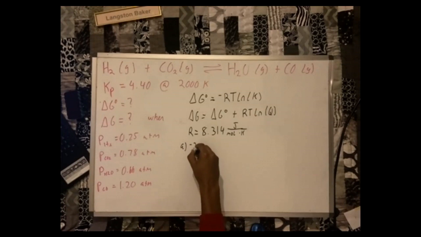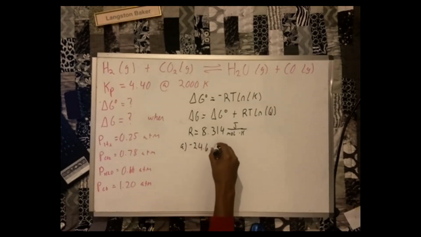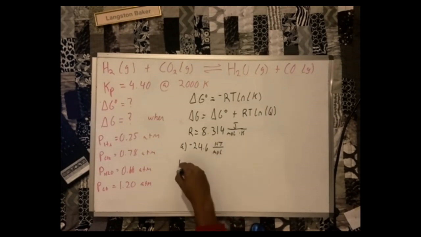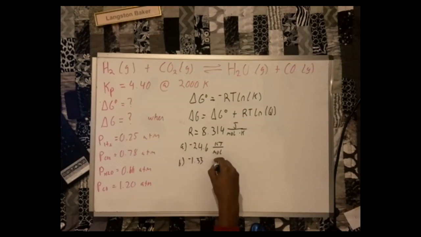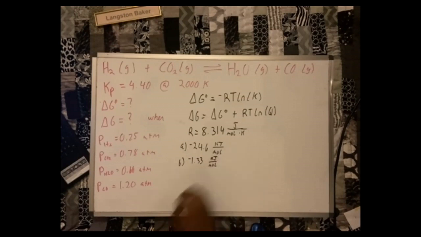Is it negative 24.6? Yeah. Negative 133. Yeah, cool. That's what I got. Kilojoules? Yeah, kilojoules. Not too bad, right?